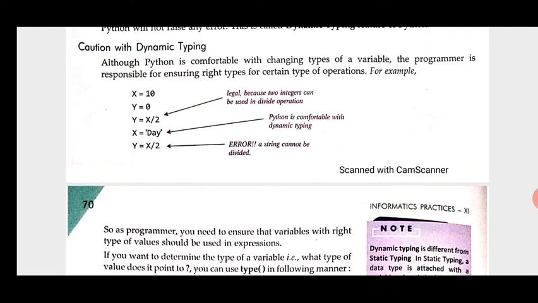The value of x is 10, the value of y is 0, y is equal to x divided by 2 means now y is 5, x is equal to "day" means now x is "day", and in the last line, y is equal to x divided by 2, as x holds the latest value "day", and you want to divide it by 2, so this is wrong. So this is the caution with dynamic typing.